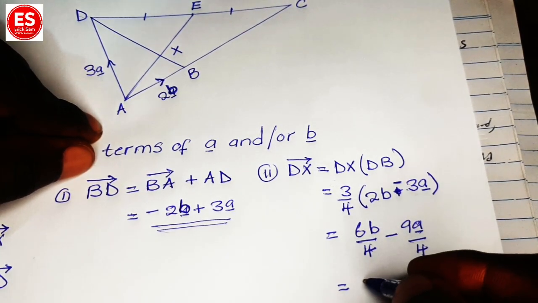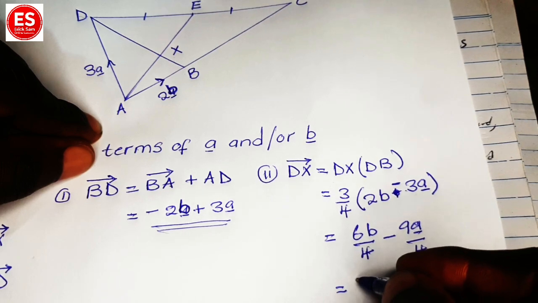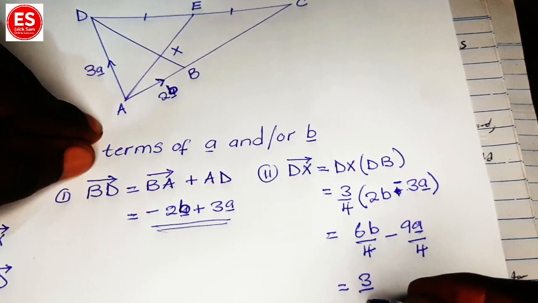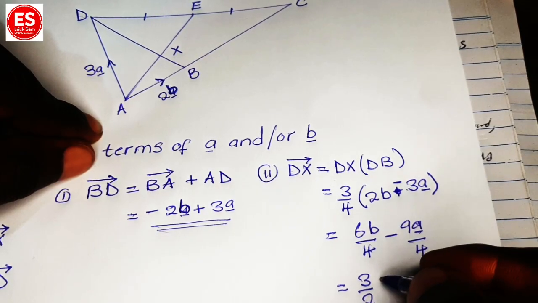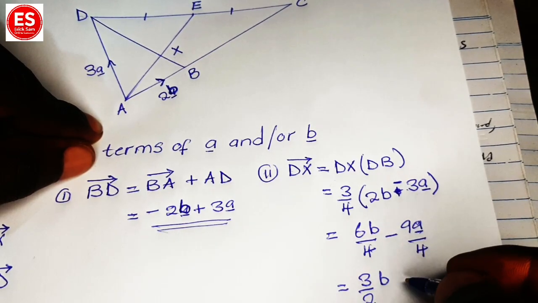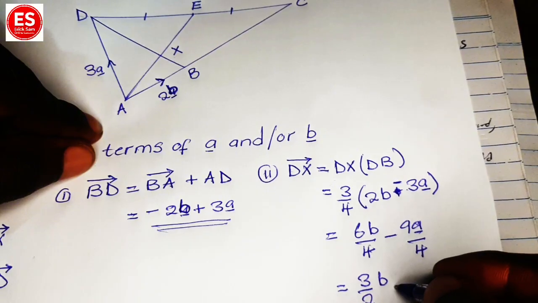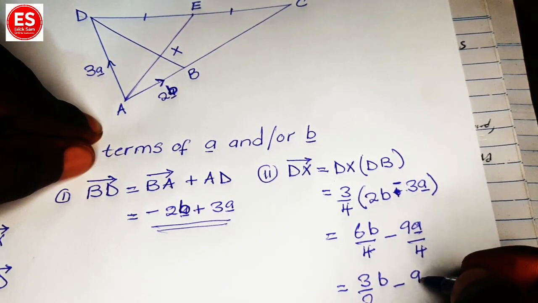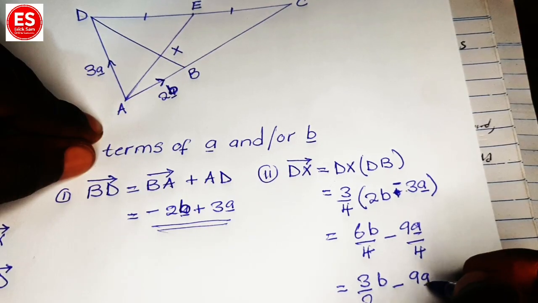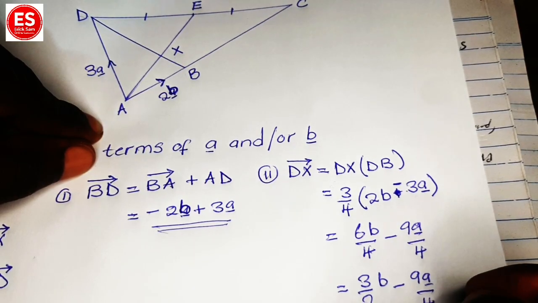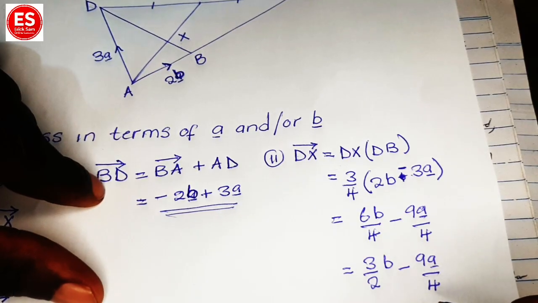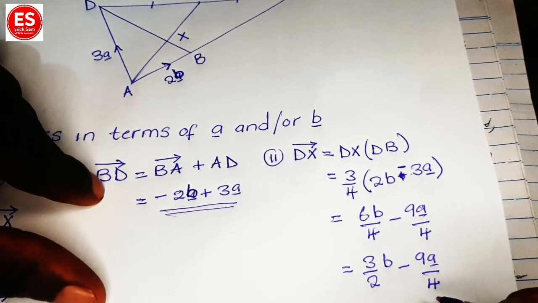So 2 into 6, it's how many times? It's 3. 2 into 4, it's how many times? It's 2. So 3B over 2 minus 9A over 4. Okay, so that is the answer there.